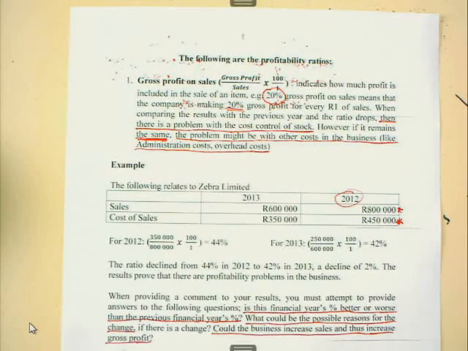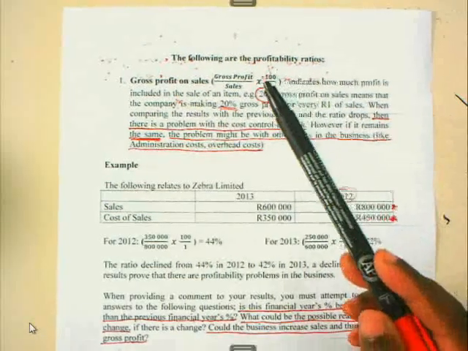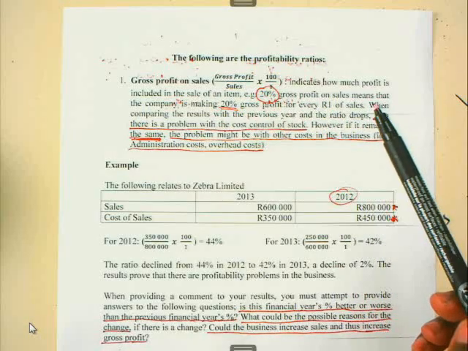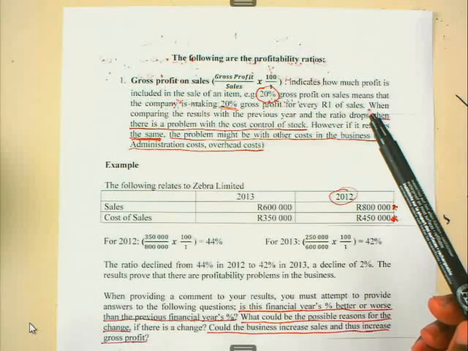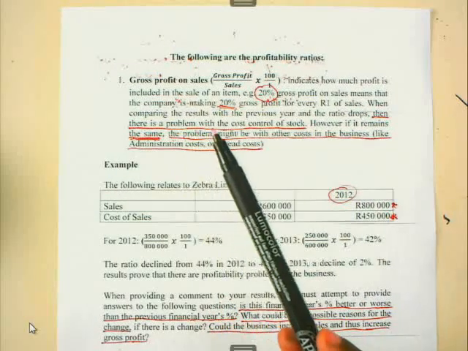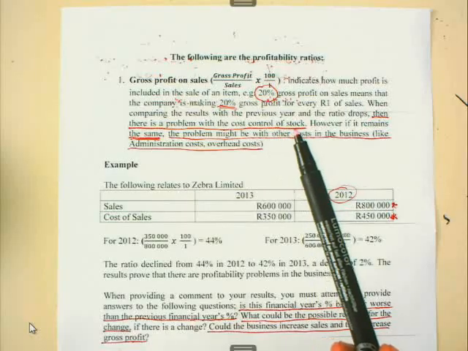Just to do a quick recap, when you calculate the gross profit on sales and the ratio drops, then you must know that there is a problem with the cost control of stock.